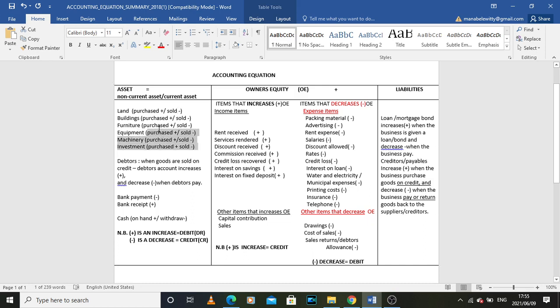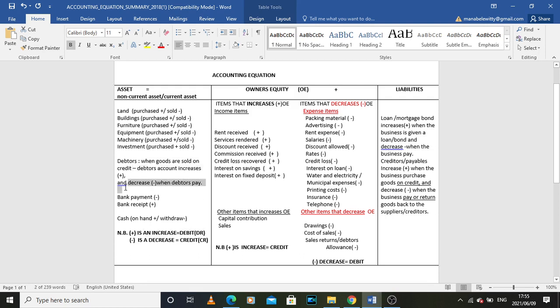Whenever you do purchases, it's going to be a plus sign, and if you sold one, it's going to be a minus sign. Debtors: when goods are sold on credit, meaning that those people are owing you, they're increasing the debtors control account, which increases the asset account.